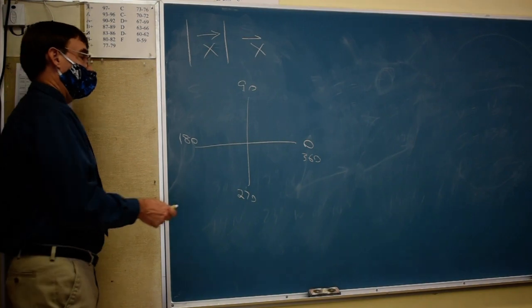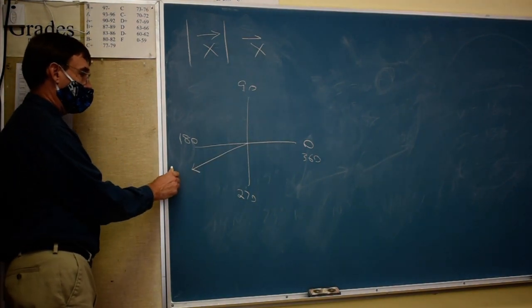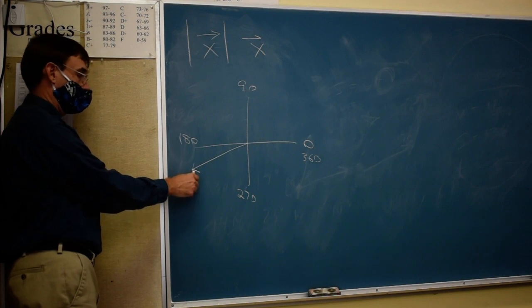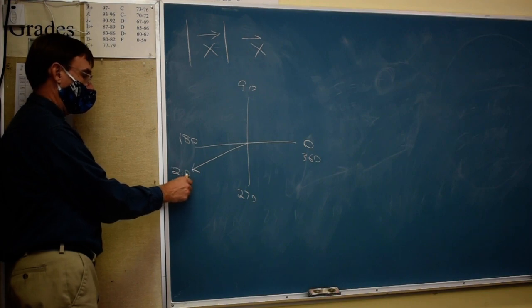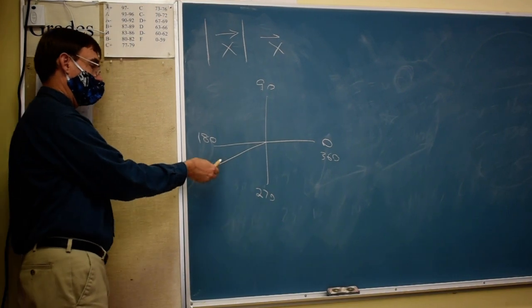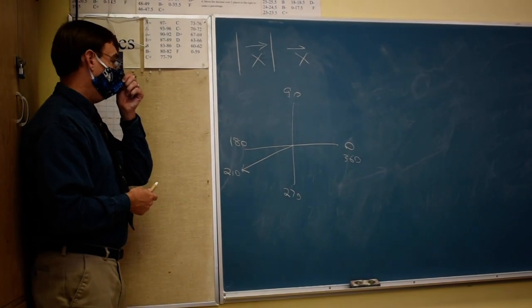So if I traveled like here-ish, what angle roughly am I moving? About what number would that be? About 220 or 200. 210, 220, something like that. Because I'm more than 180, I'm less than 270, I'm closer to 180, ballpark that, 210.